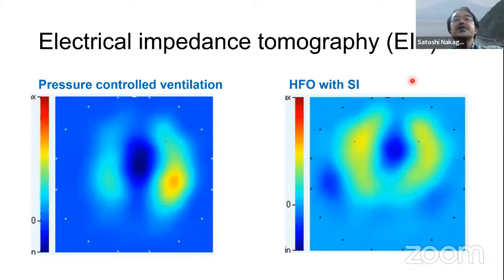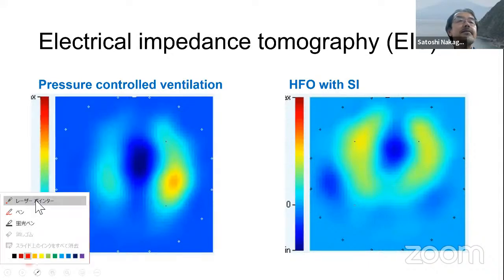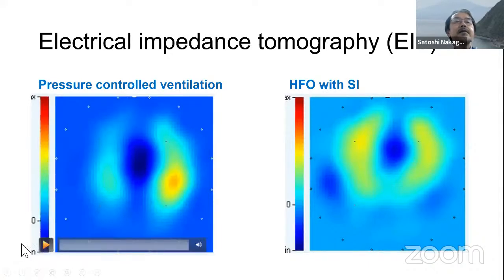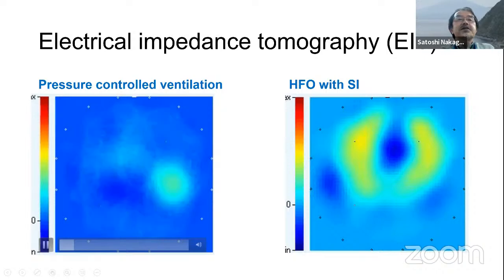Electrical impedance tomography is not widely available at this moment. However, on one patient, we tried this mode. The patient is on conventional mechanical ventilation.